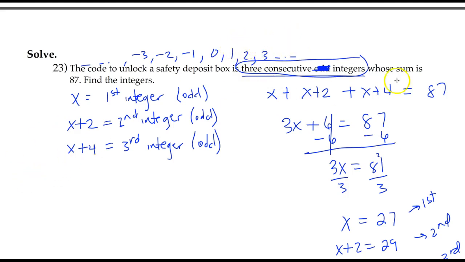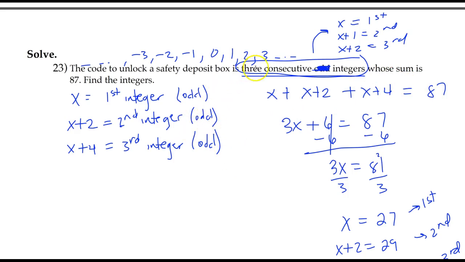So if I was going to define these variables in this case, then x would be the first integer, x plus 1 would be the second integer, and x plus 2 would be the third integer. And what I would have to do then is take x, x plus 1, x plus 2, add all that up and make it equal to 87, and then solve for x that way.